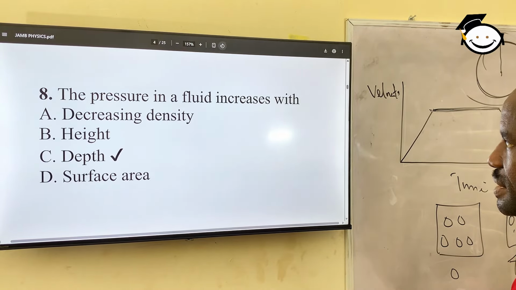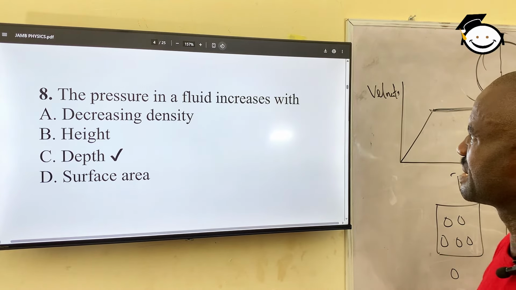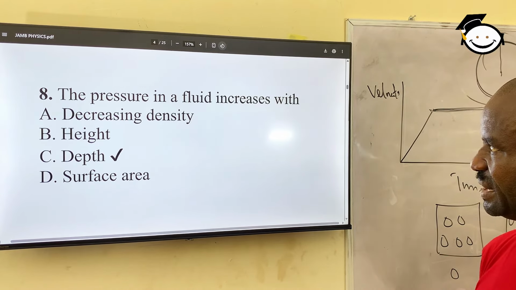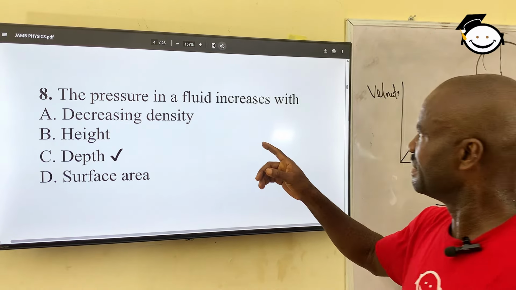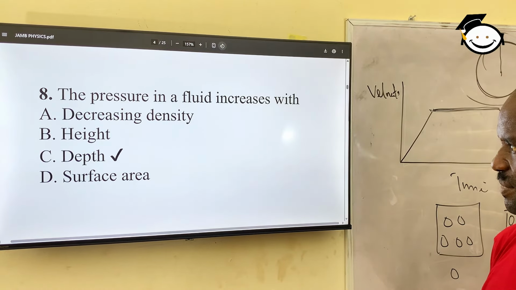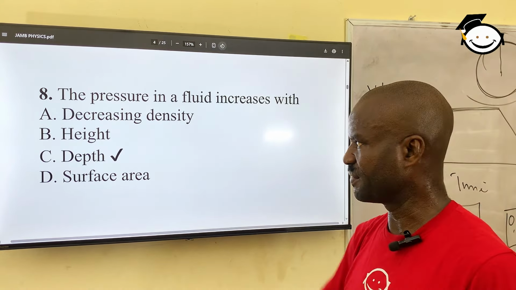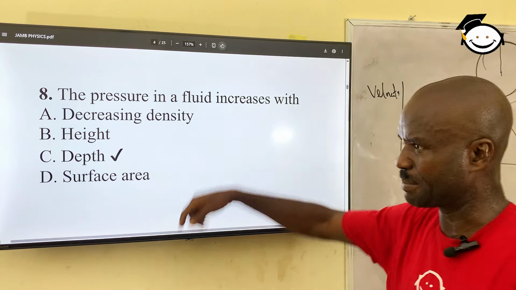Number 8. The pressure in a fluid increases with dash: A, decrease in density, B, height, C, depth, D, surface area. The pressure in a fluid increases with depth.